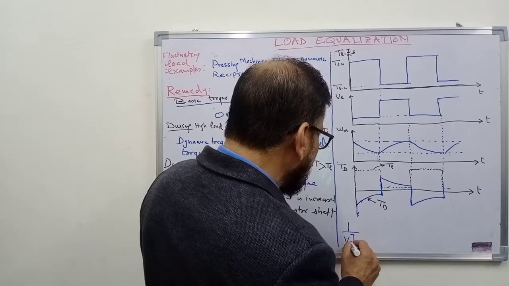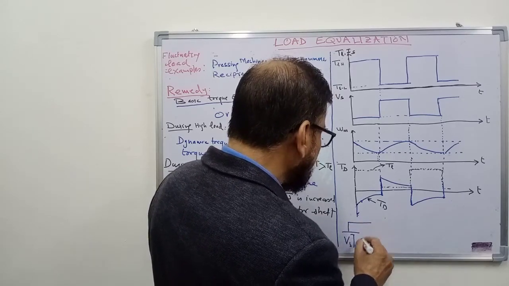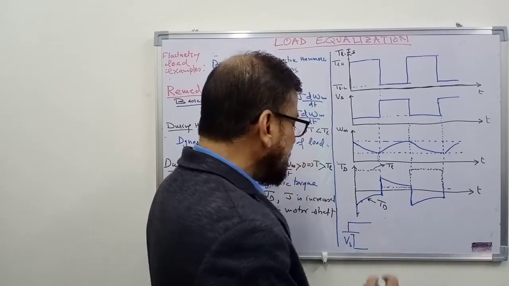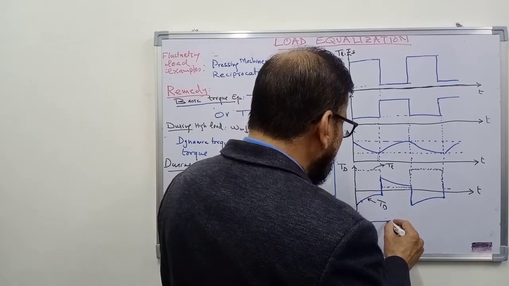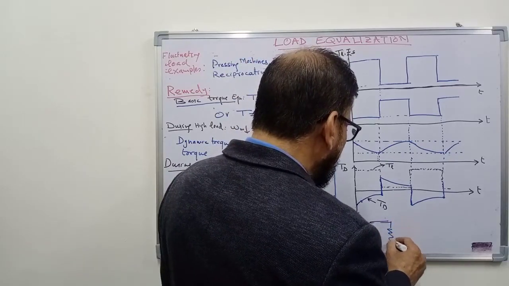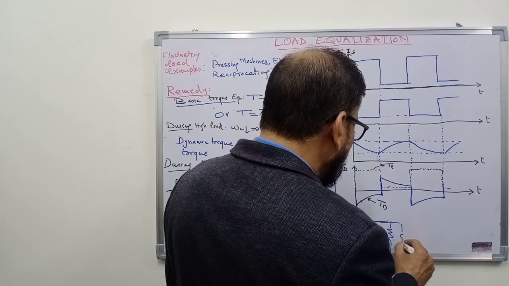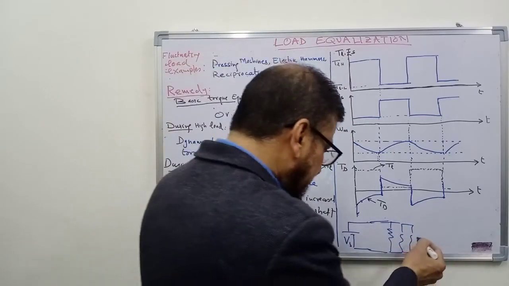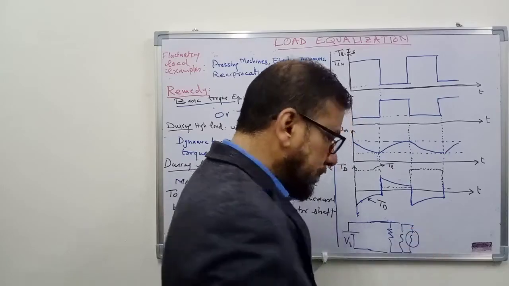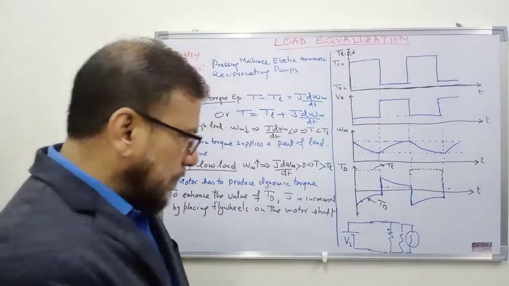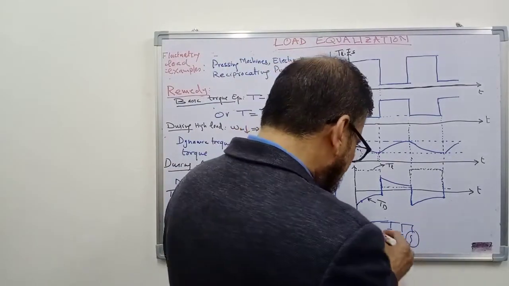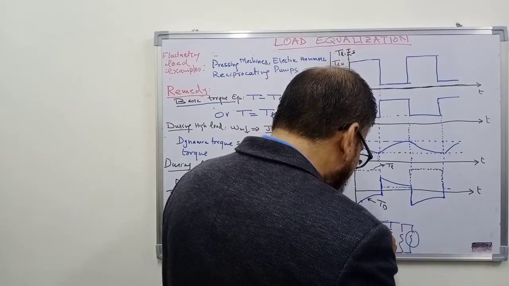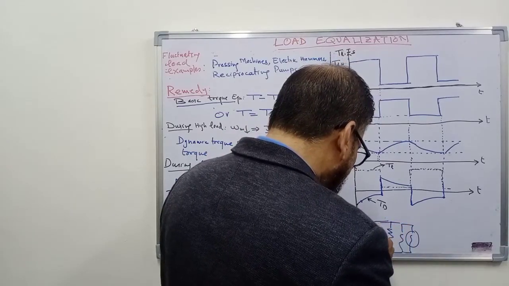and we have, for example, source voltage like this, and across this various loads are connected like this, and this is our load. Suppose this is very high, so the current that is flowing through the line is like this.